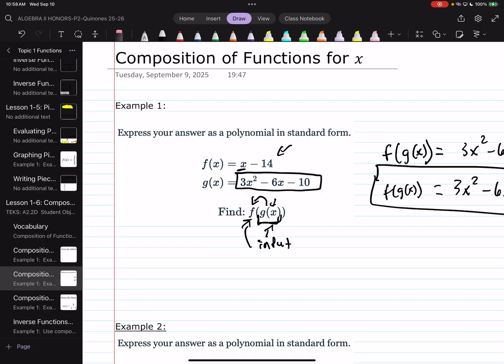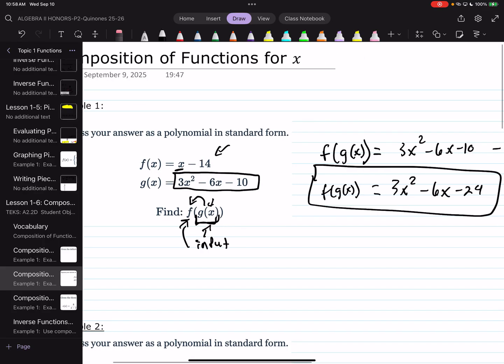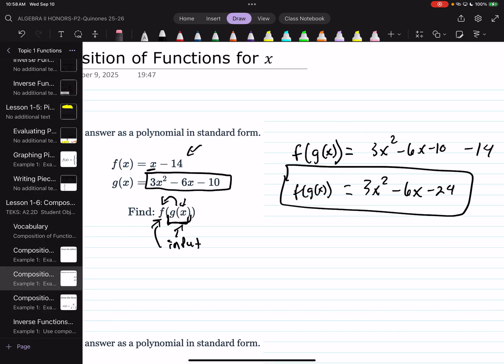Are you sure? Okay, so how can I help? Why did you only put it in the g of x function? Are we going to do the f of x function? No, I did. Here, let me. Oh, so it just goes into both of them? This was the placeholder for x, and this part also went into the equation.